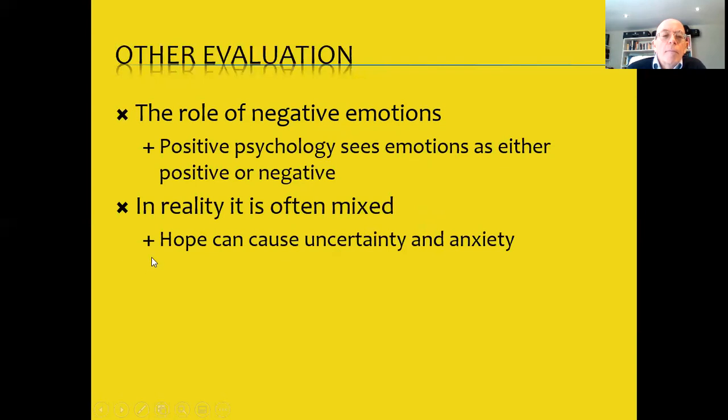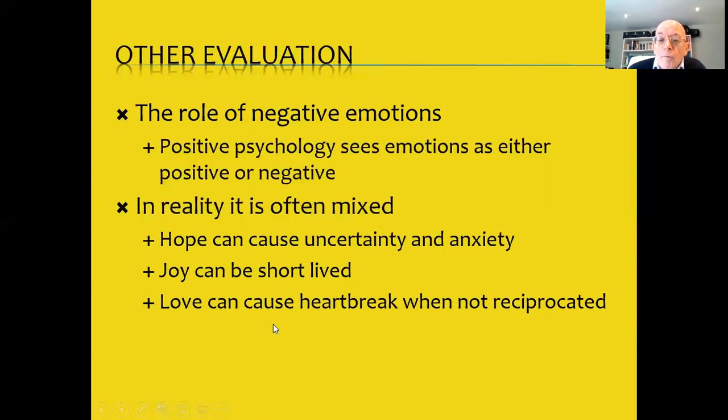Being hopeful about life, which is a good thing, can also mean that we start to feel uncertain or anxious about what's going to happen in the future. Joy, as we know, doesn't last, as we saw in some of the research in Myers and Diener, that the length of time that a really positive experience can last for is about 3 months.